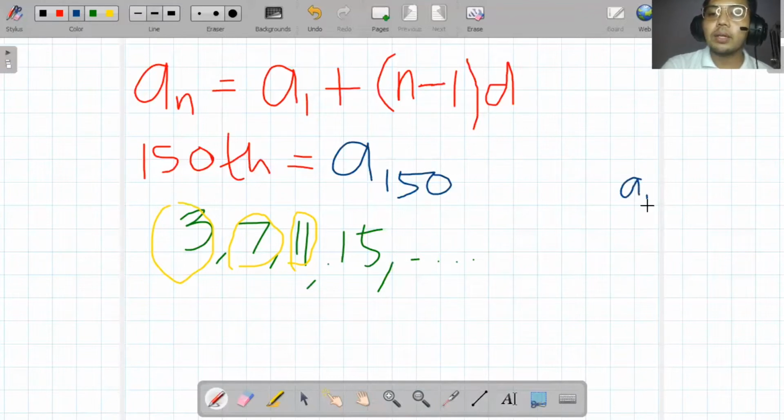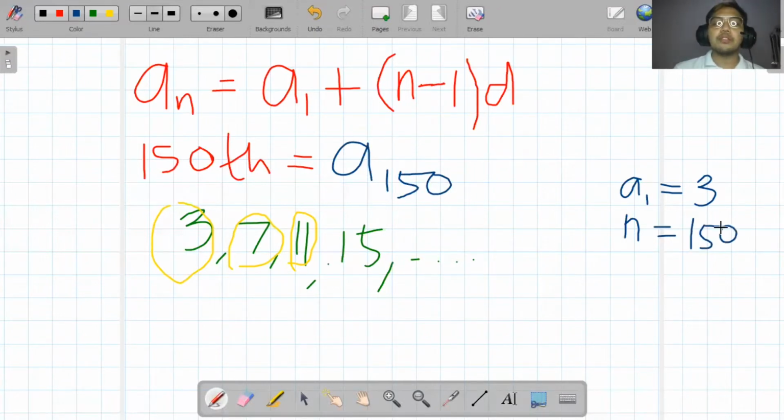A sub 1, the first term, is 3. What else is in the formula? The n, or the term being looked for. What term are we looking for? We are looking for 150, the 150th term.